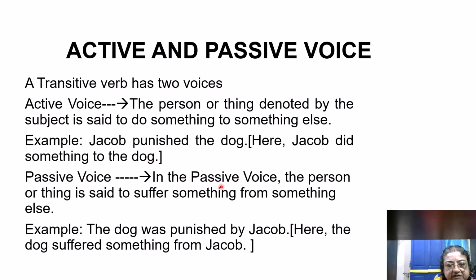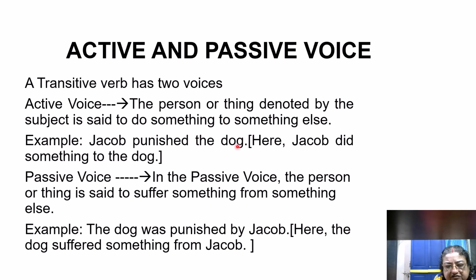So in passive voice, a person or thing is said to suffer something. That means this person or thing is the object of the verb. So in passive, this object becomes the subject and the subject becomes the object. Here who is suffering?